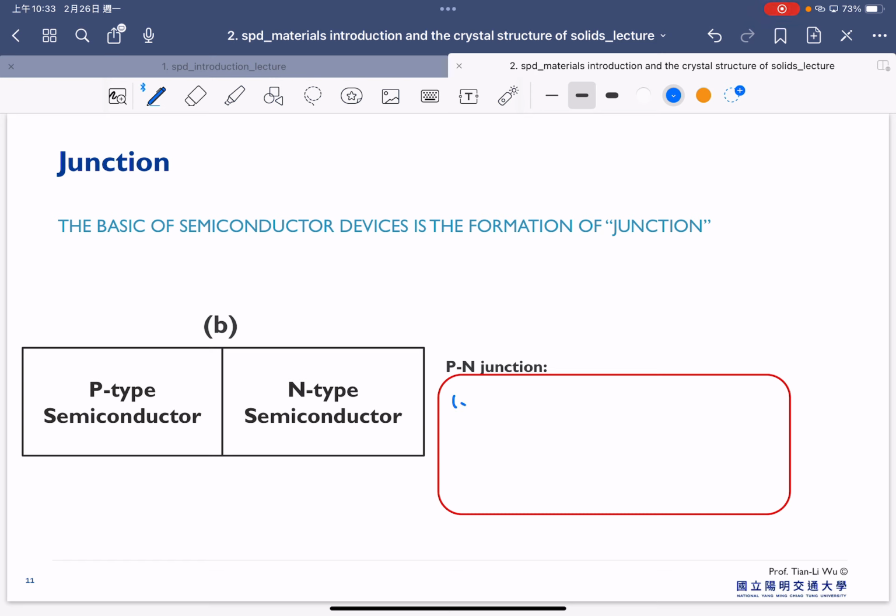The first one is a PN diode. And the second one is a bipolar junction transistor. This is a BJT.